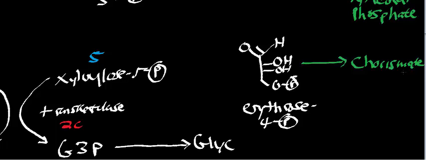And then chorismate can be used to form the aromatic amino acids, and those would include tryptophan, tyrosine, and phenylalanine.